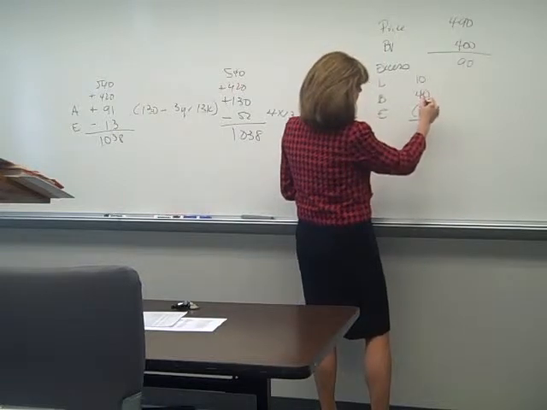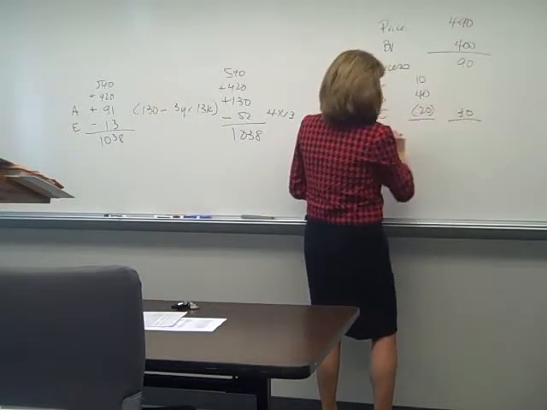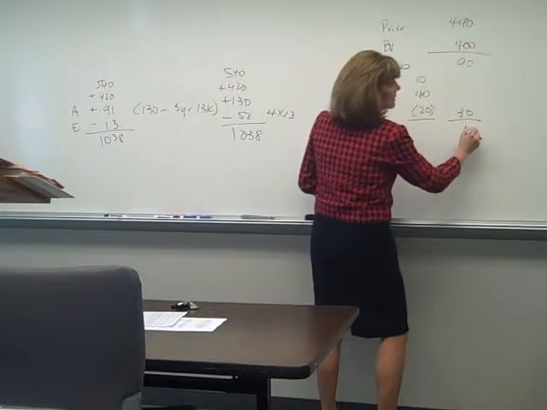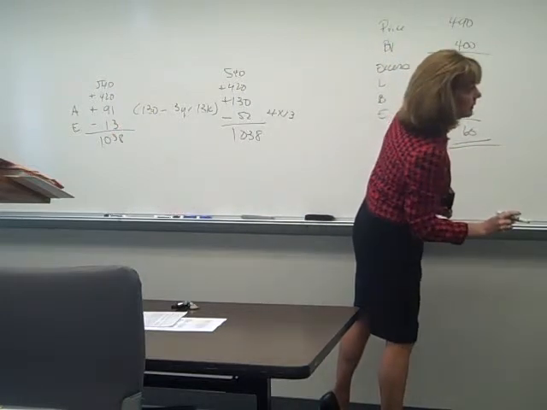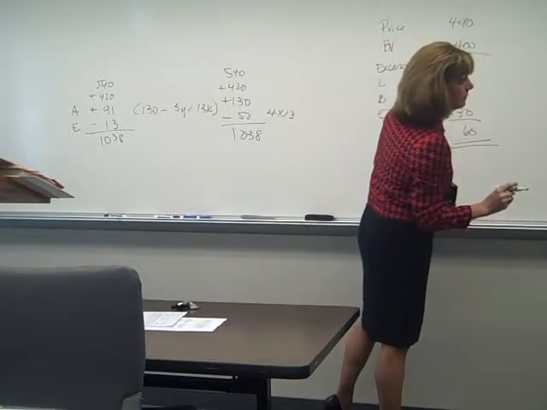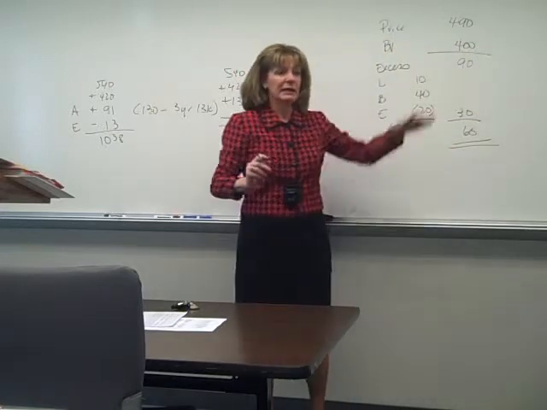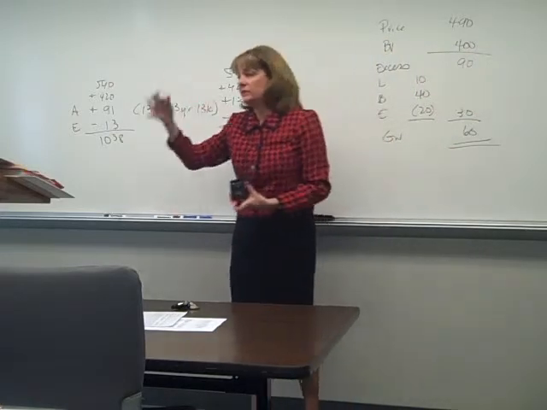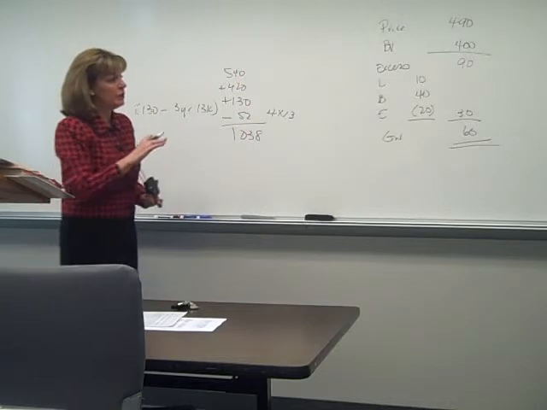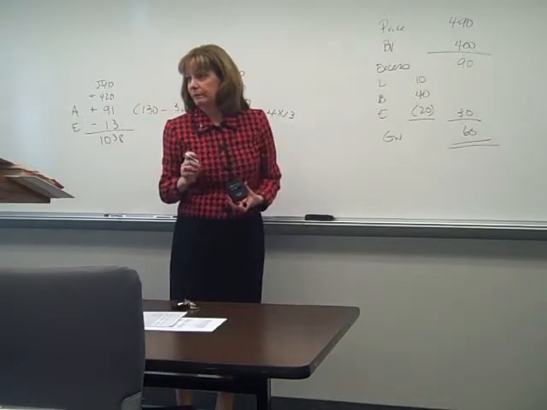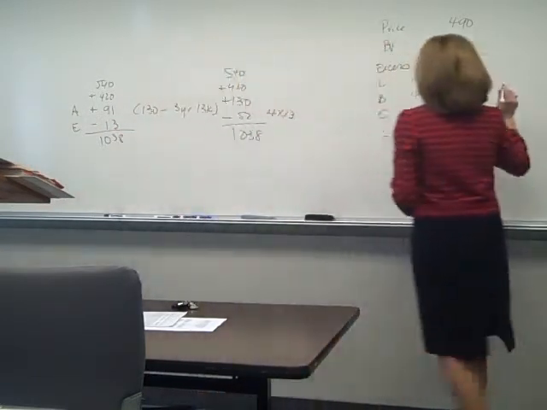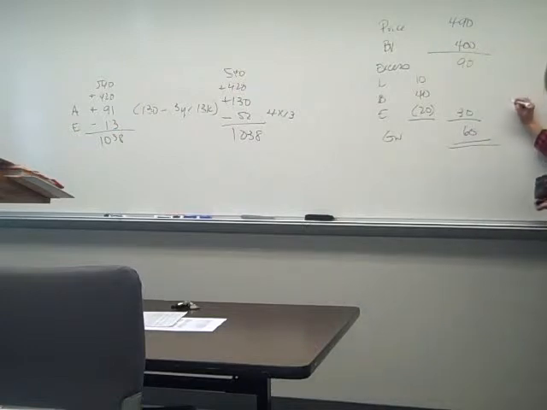The total of that is 30, so our goodwill is 60. Again, they keep going back to different formats of doing this, but we're going to use the same one every time. Land doesn't amortize, but buildings and equipment do.